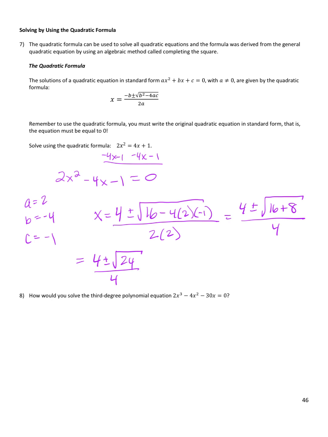Some of you may have been trained to reduce this, and it's not a bad habit to have at all. So 24 is not a perfect square, so we ask ourselves, does it have any perfect square factors? Yes, 4 goes into 24 perfectly. So I could rewrite this as 4 plus or minus the square root of 4 times 6, all over 4.